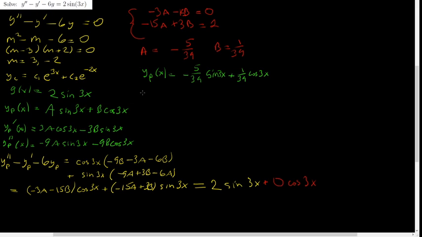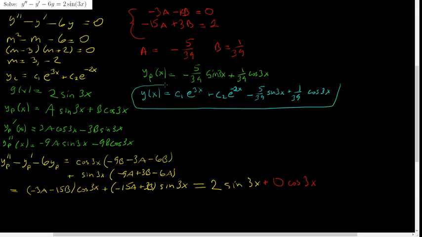So y of x, the full general solution of this equation, is c1 e to the 3x plus c2 e to the negative 2x, minus 5 over 39 times sine of 3x plus 1 over 39 times cosine of 3x. And that should solve the original equation.